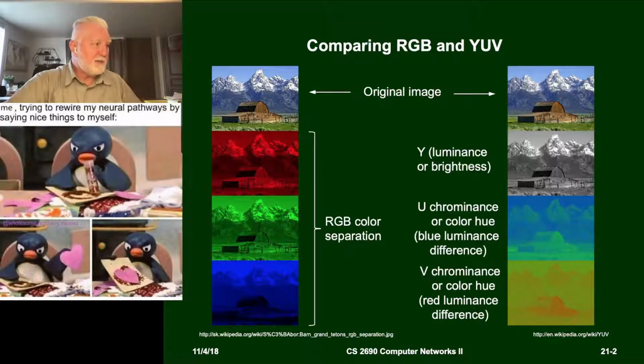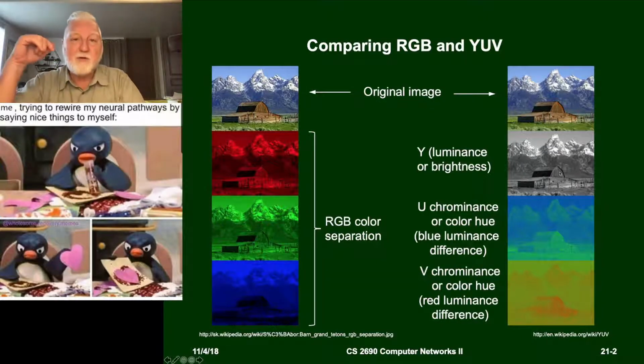So it's a blue luminance difference and a red luminance difference. The main thing to understand is that you've got essentially two ways of encapsulating and encoding the color, and then an overlay of brightness.